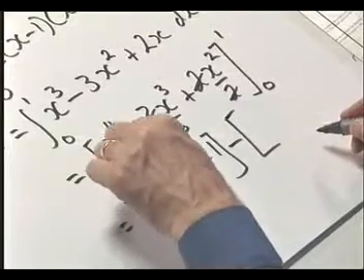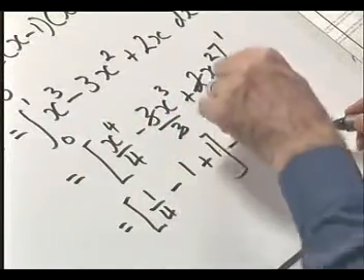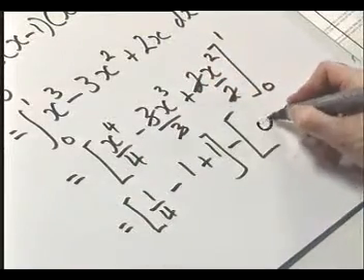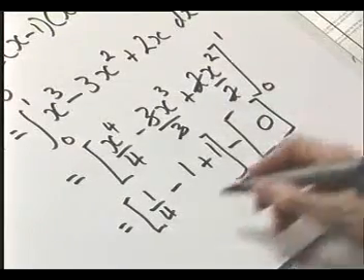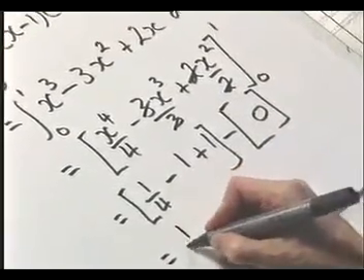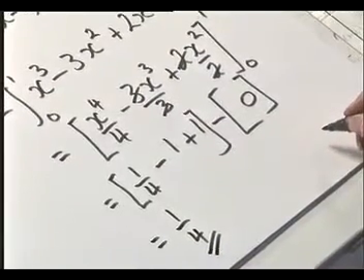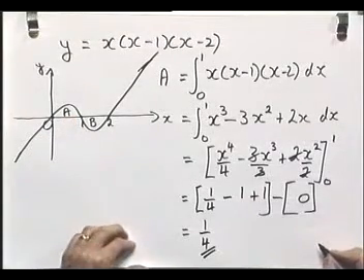When we put 0 in there, that's 0, and that's 0 as well, and that's 0 as well, because x is equal to 0 in each case. So the whole of the second bracket here is just 0. So when we simplify that, we get a quarter. So the area A is a quarter of a unit of area.